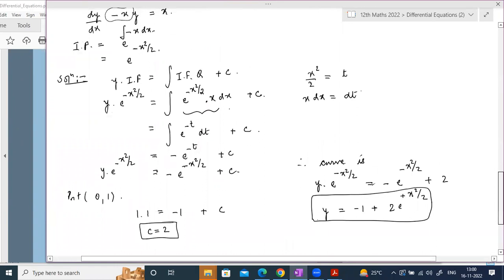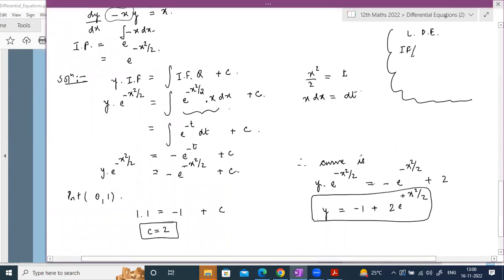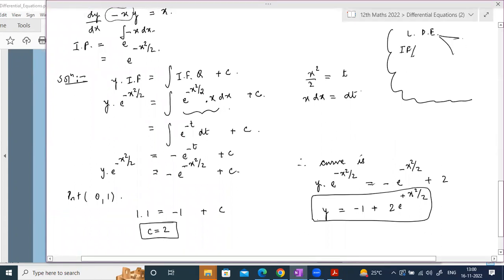Any doubts here? No, sir. What did we learn today? Linear differential equations. What is the integrating factor? The two forms, form 1 and form 2.